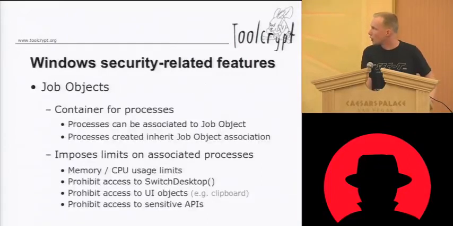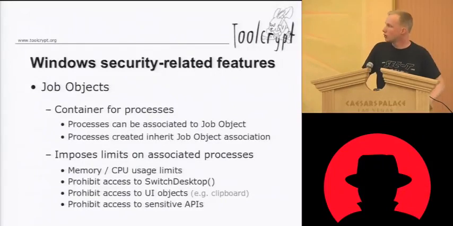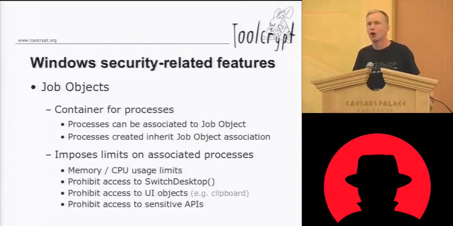With the 2000 terminal server release, a new concept was introduced in the Windows security model, called a job object. The job object was introduced to be able to set resource limits on processes.